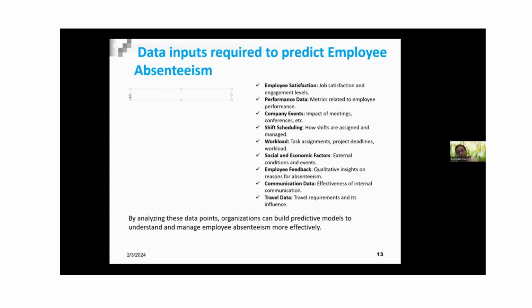You can predict which months you'll have higher absenteeism. So what are some of the data points? You can look at employee satisfaction levels, performance data, company events, workloads, employee feedback, communication data, travel data. These are some of the data points you can look at to predict employee absenteeism.